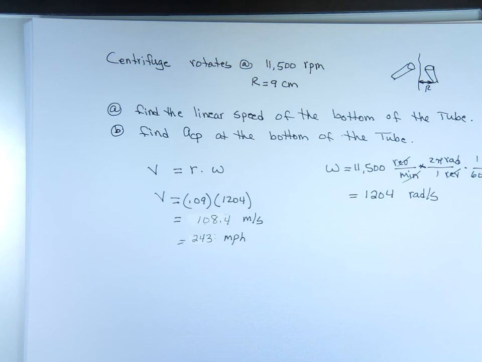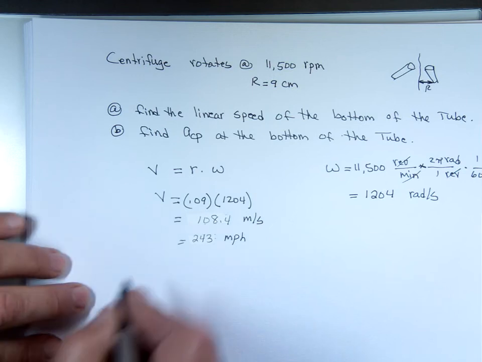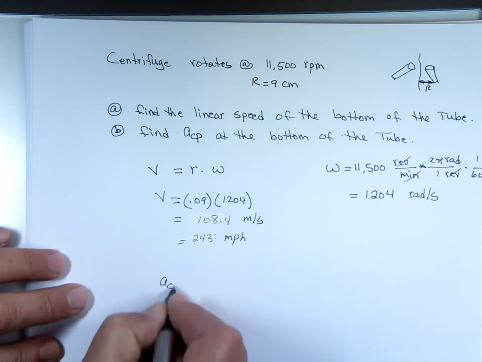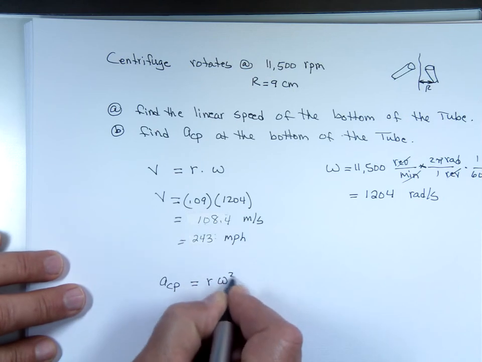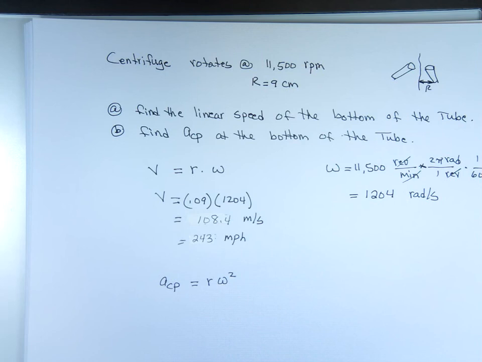And the second question, what is centripetal acceleration? R W squared. This will be cool to see what that number is in relation to gravity.